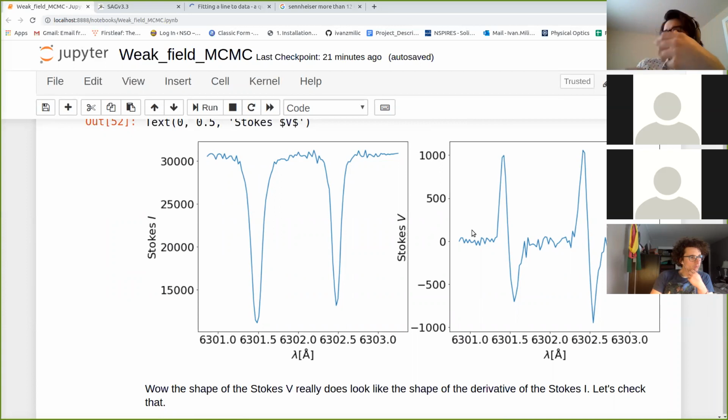So when I subtract them and divide by 2, basically what I see here is the photon noise in the continuum of the Stokes V. Does it make sense?